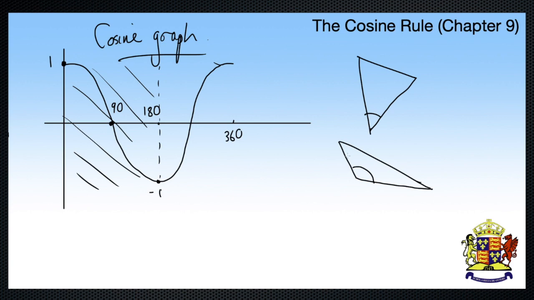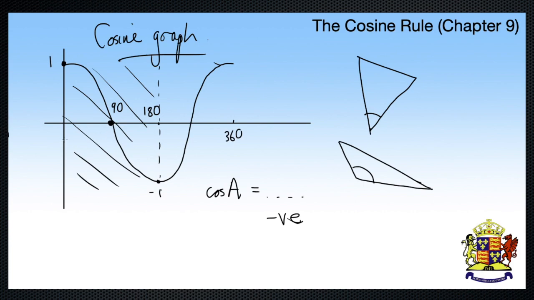We could have an angle of 120 here, we could have it bigger, and we could have a tiny angle we're dealing with. So one thing that's important to notice is when you do cos A and you find an answer, that answer could be negative. And if it is negative, it doesn't mean you've got it wrong. If it's negative, all that means is you're dealing with an angle which is obtuse.